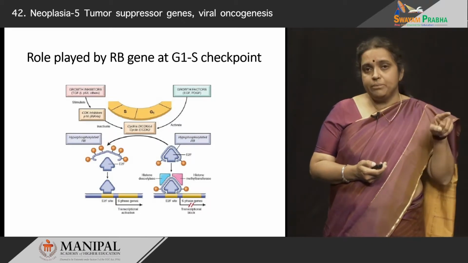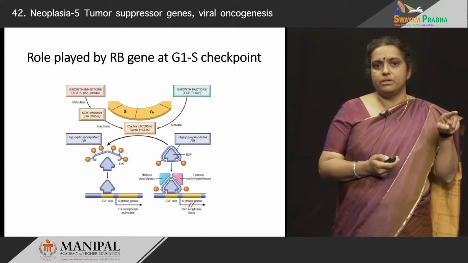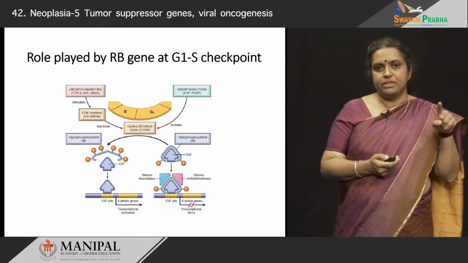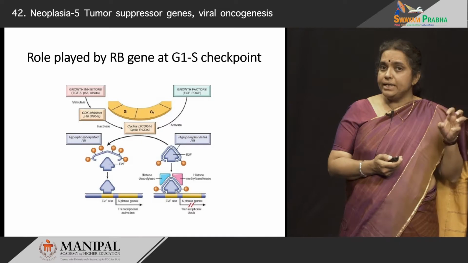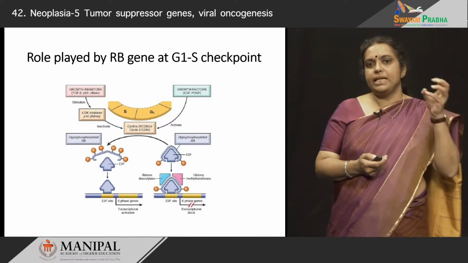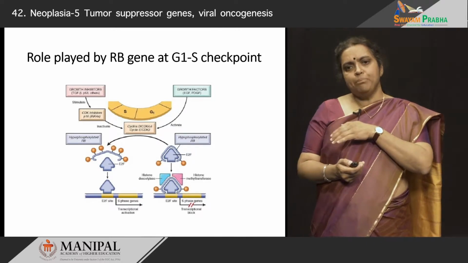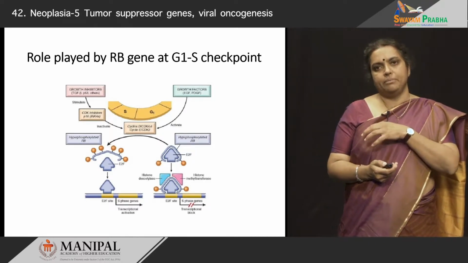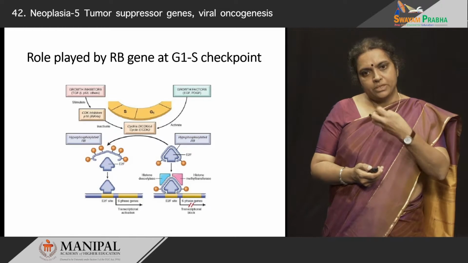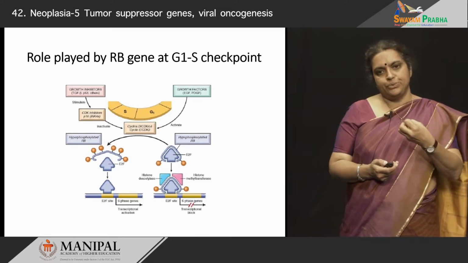Similarly, the growth inhibitors, which are transforming growth factor beta, P53 and others, will stimulate CDK inhibitors, which inactivate the cyclins and cause hypophosphorylation of RB, the retinoblastoma protein, and it sequesters the E2F.